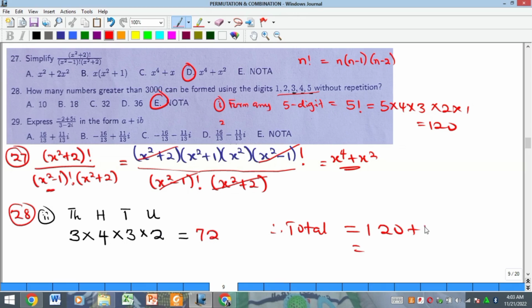So sorry, we're supposed to have plus 72 here. And when you add 72 to 120, we are then going to have 192, and it is still none of the above.